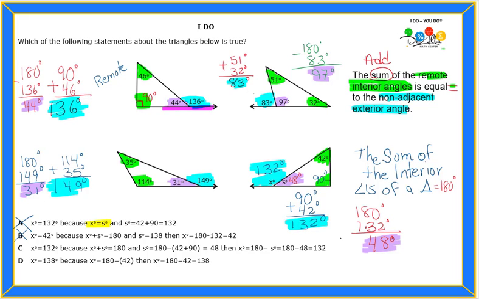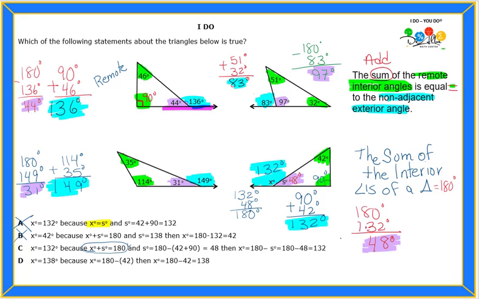Letter C, it says X degrees is equal to 132 because X plus S is equal to 180. So I'm going to look at this and let's see if it's true. It says X plus S. So I'm going to add 132 plus 48. And yeah, it is true. It's equal to 180. Remember I said about supplementary angles equal 180?